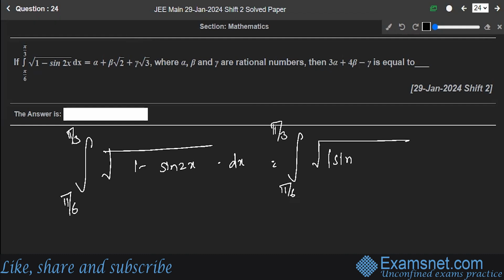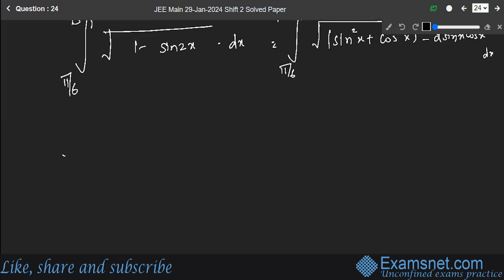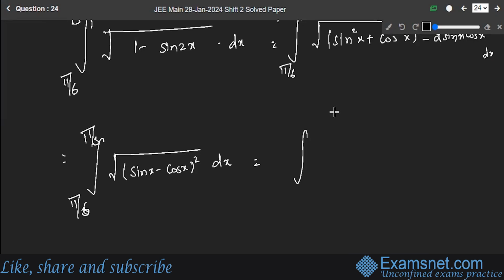I can write it as sine square x plus cos square x minus 2 sine x cos x dx. This will be the root of sine x minus cos x whole square. So this will be the integral of the absolute value of sine x minus cos x dx.